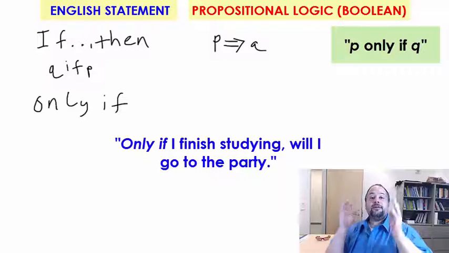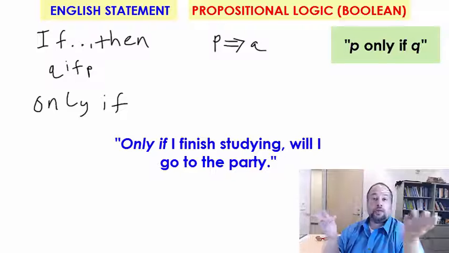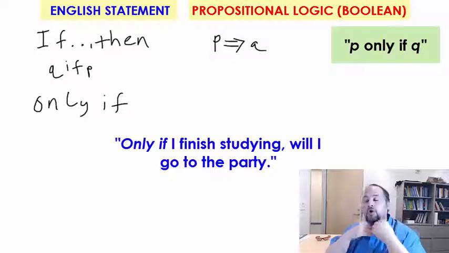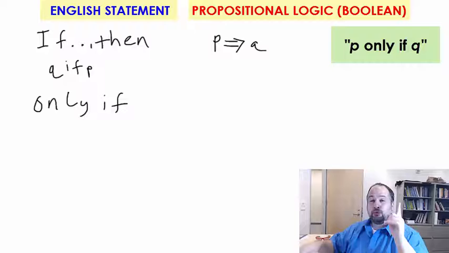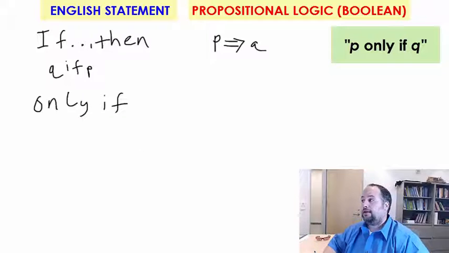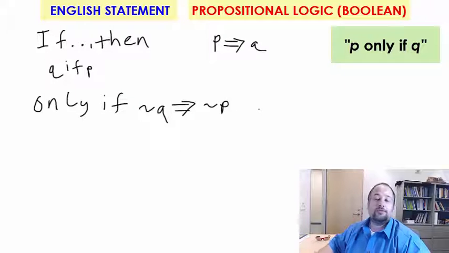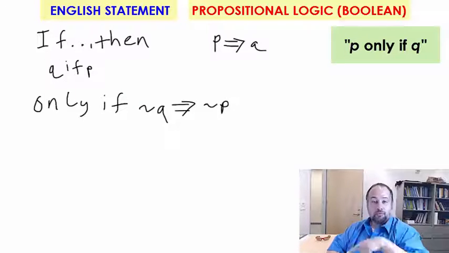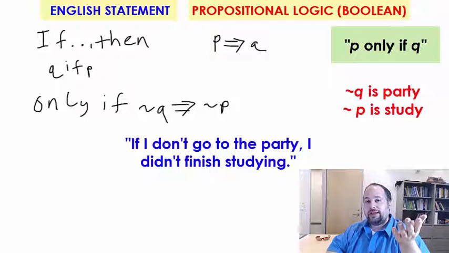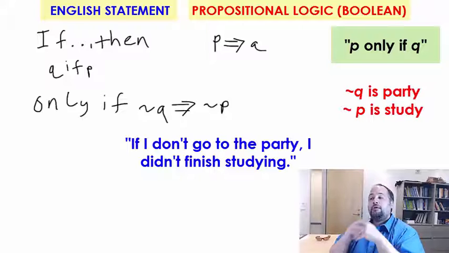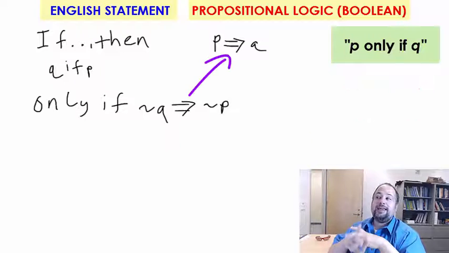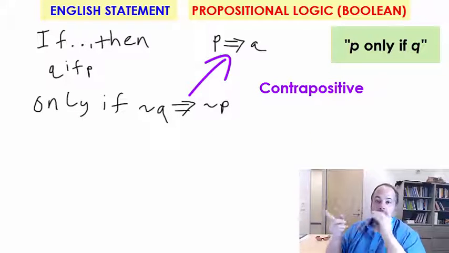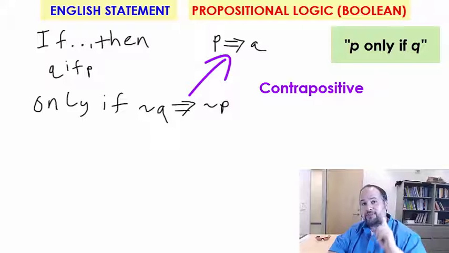Okay, the next format that we need to look at is the only if. Only if I finish studying will I go to the party, which is really a not Q implies not P scenario. If I don't go to the party, I didn't finish studying. And remember, not Q implies not P is the exact same as P implies Q. It's the contrapositive, but they have the same truth table.